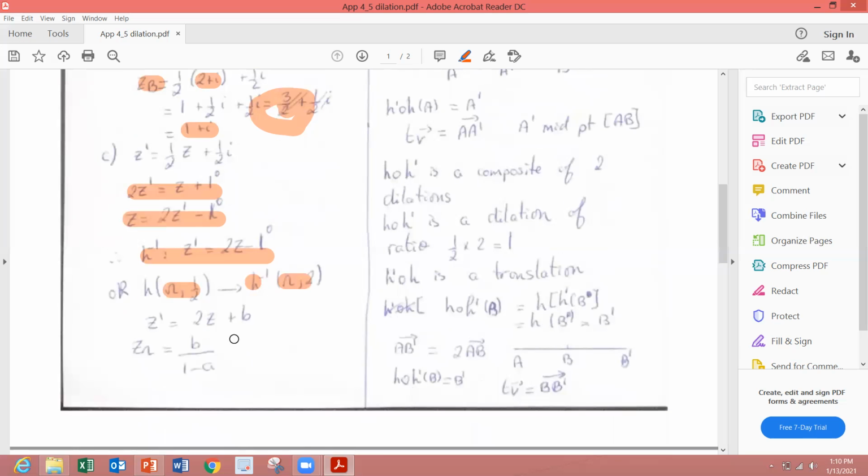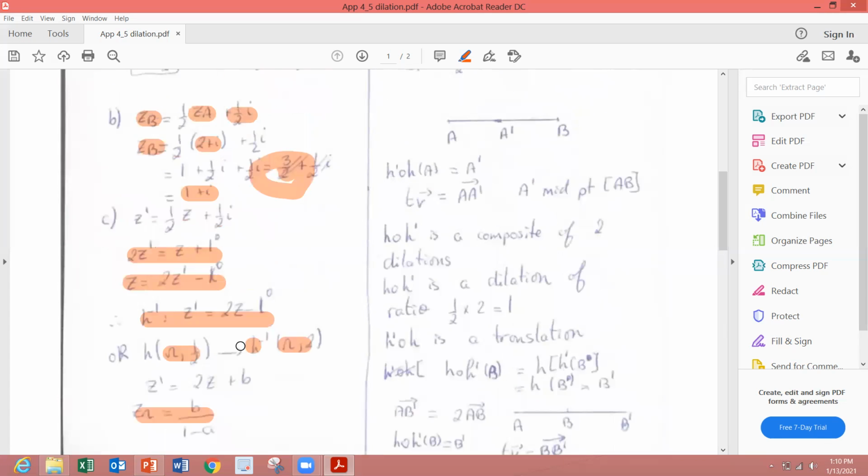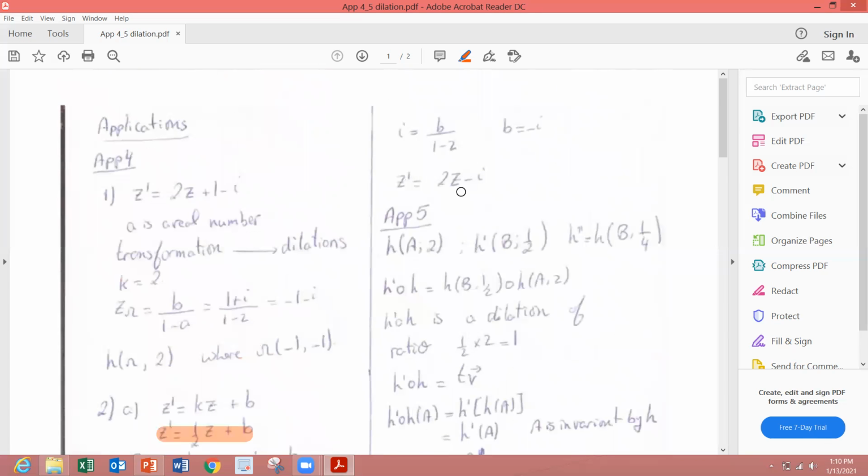So Z prime equal to 2Z plus B. To calculate B, I can put Z omega equals B over 1 minus A. Z omega is I equal B over 1 minus 2, then B equal minus I. So Z prime equal to 2Z minus I.